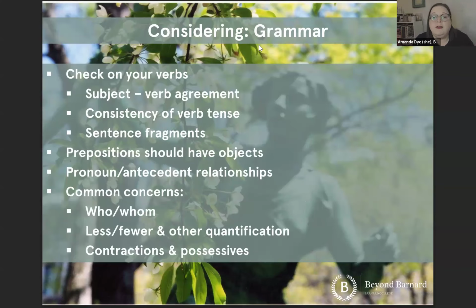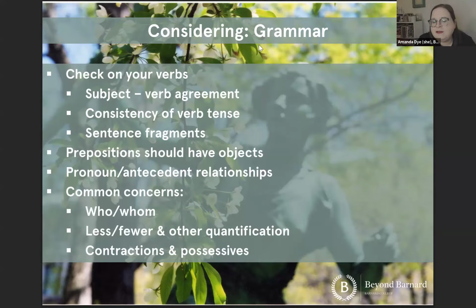You also want to make sure that you're writing in complete sentences and that there aren't lots of fragments around. Prepositions generally should have objects. Check on pronouns and antecedents. Sometimes when you're reordering things, you might refer to somebody by name and then later with a pronoun, but if you move those things around, the pronoun could come first. You want to make sure that you're ordering things appropriately.